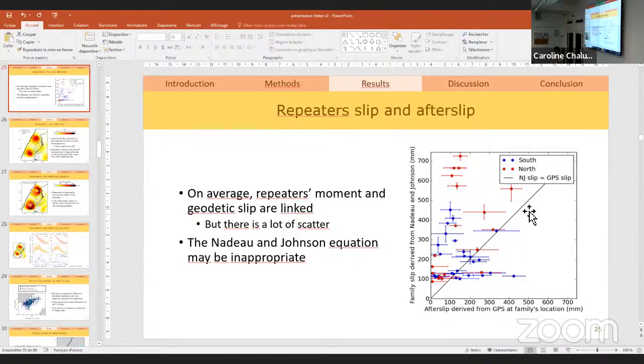I started with working with Hans's catalog originally, which has only local magnitudes. So I used local magnitudes for a lot of the early portion of my work, and then in the Agorto paper there's a relationship that they found between local magnitudes and moment magnitude, which they calculated by calculating focal mechanisms. So I used that relation when I calculated the slip in my first paper.